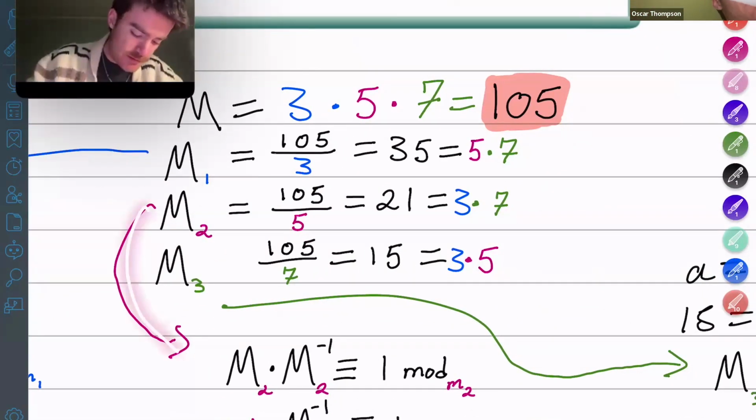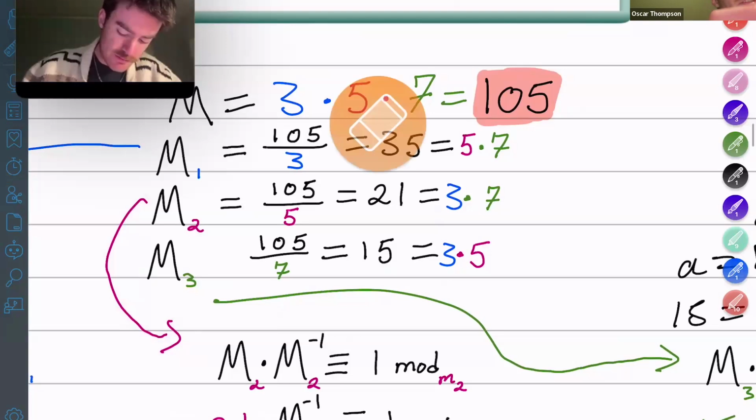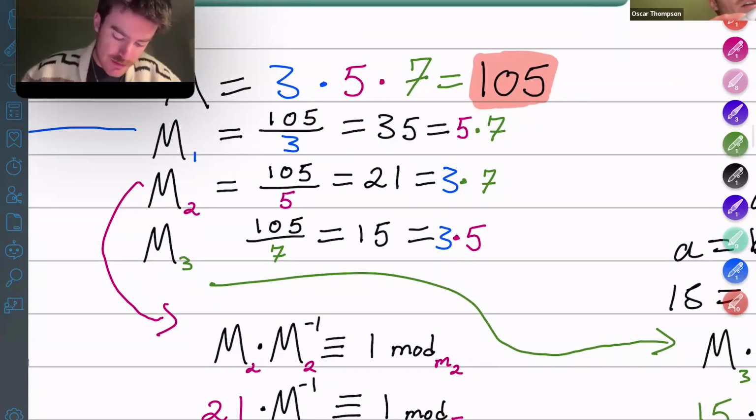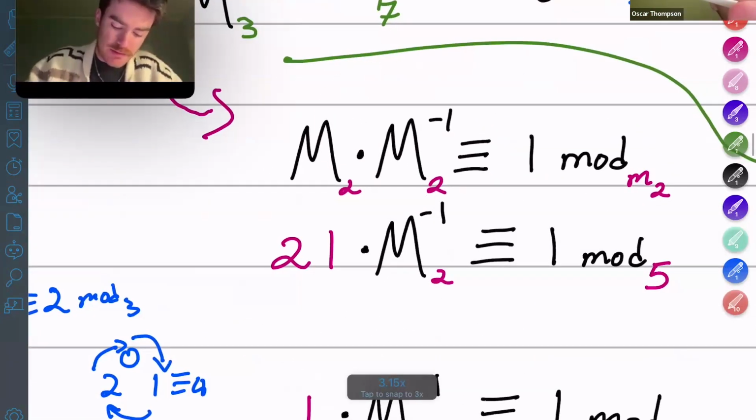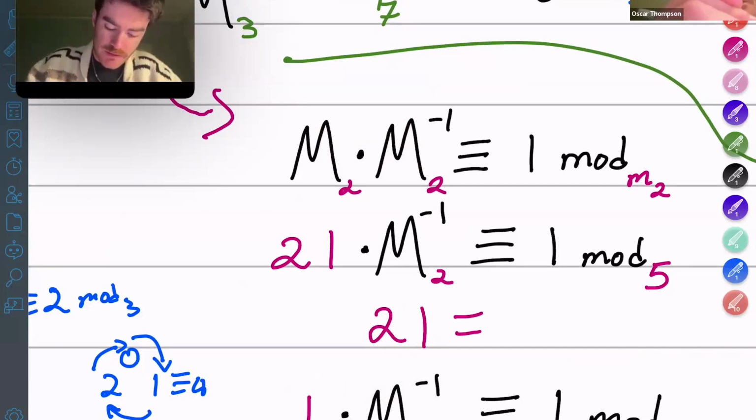Following the little maroon arrow down here, we get that big M sub 2, which, if we remember, was 21, times big M inverse sub 2 is congruent to 1 mod 5. So let's think about 21 in terms of mod 5. 21 equals 5 times k plus b.